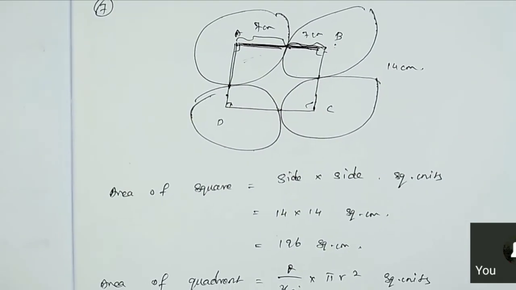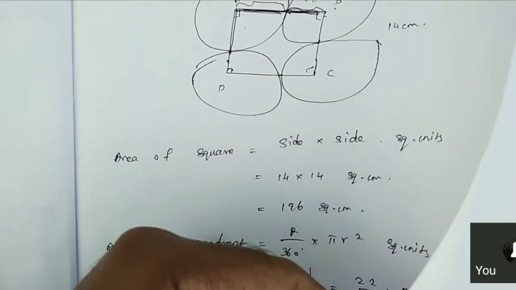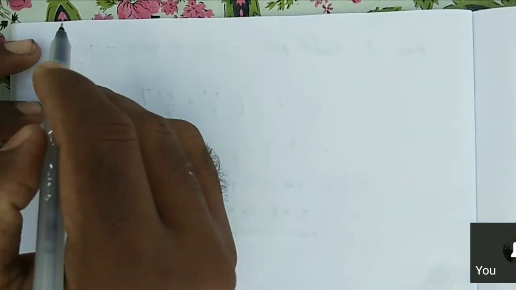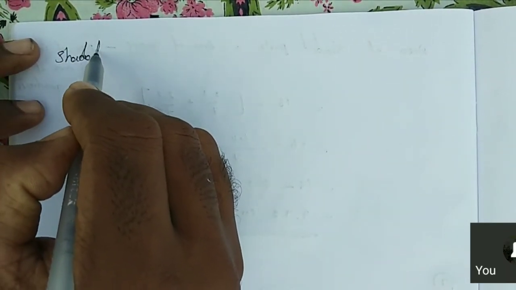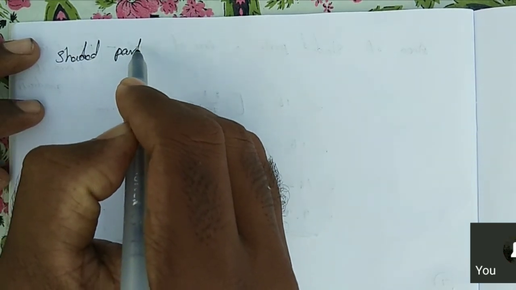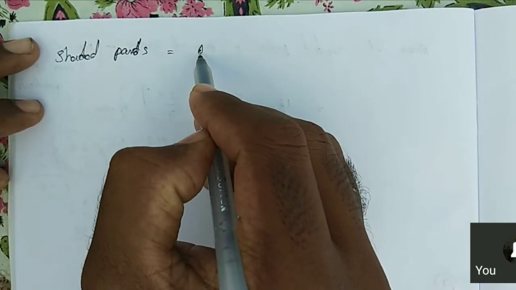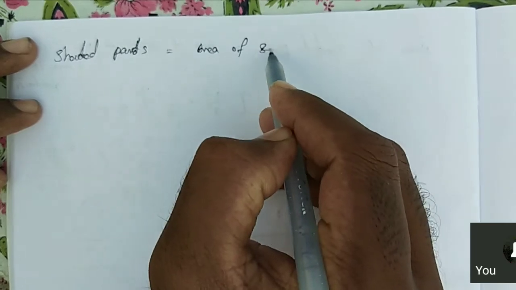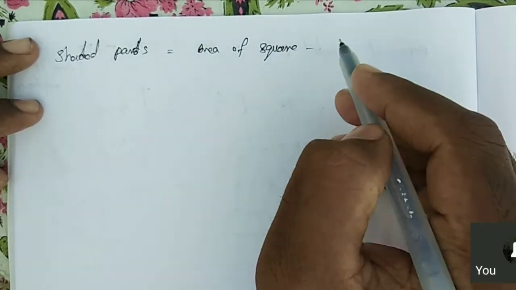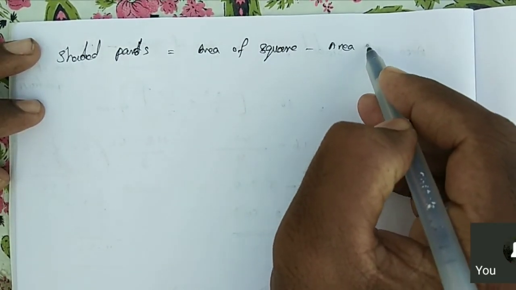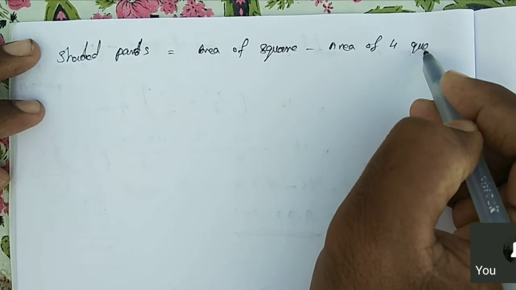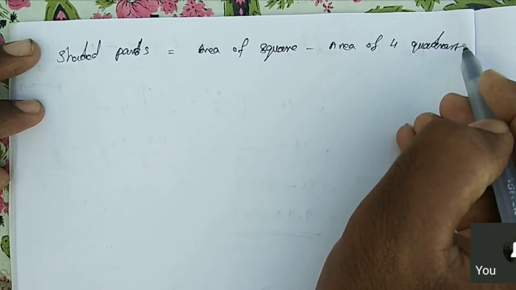Now we can subtract it from the area of the square. So the area of the shaded region is equal to the area of the square minus the area of 4 quadrants.